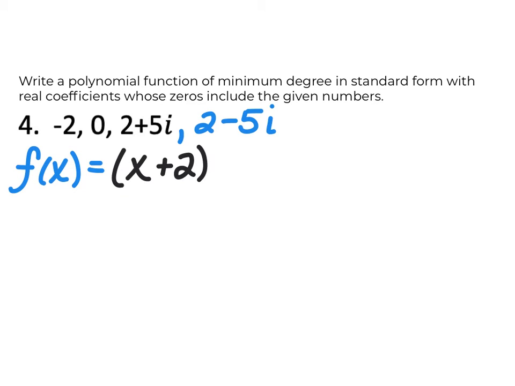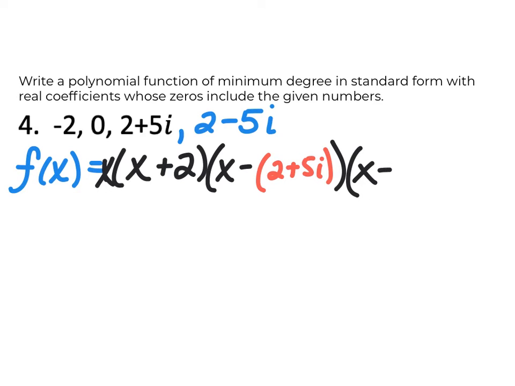We have one at just 0, so I'm going to squeeze in an x out front. I'm not going to write x plus 0. And then I have x minus 2 plus 5i. And I have x minus, the second one, 2 minus 5i.